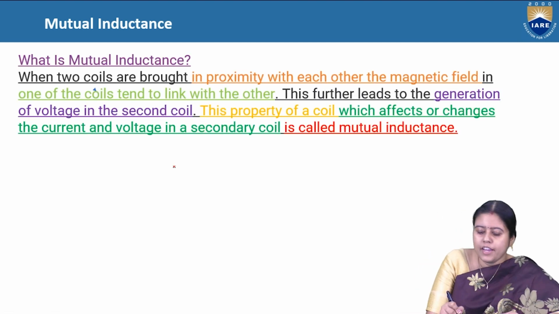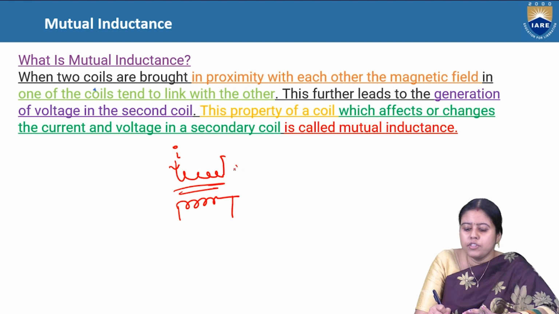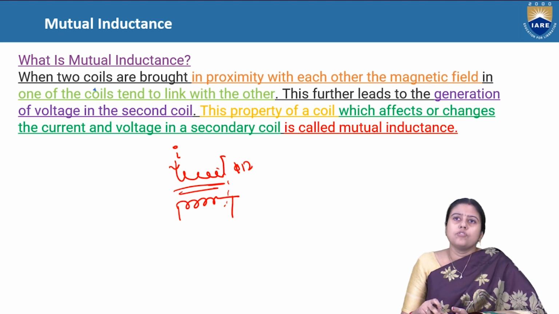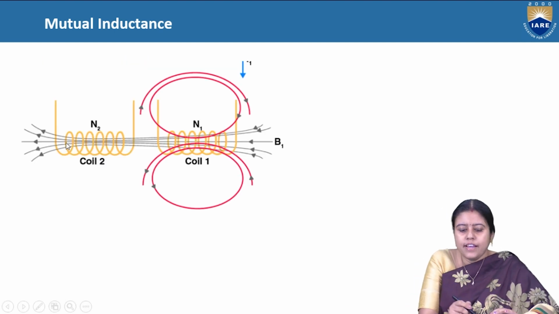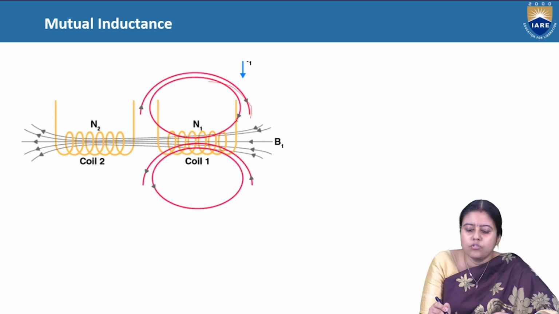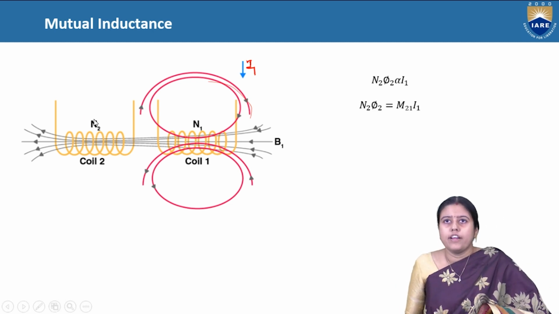So if we draw it, if this is a coil and this is a coil, if we flow some current, the flux phi 1 will generate, and this flux will link the second one, and it will create some inductance in this, and this is known as the mutual inductance. So you can see, this is N1, N2, this is coil 1, this is coil 2. Current I1 is flowing here, it will create some flux, and this flux will also link the second coil.